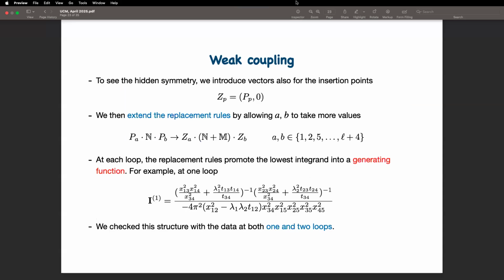Okay, now how do we see the hidden conformal symmetry? So the prescription we propose is the following. First of all, you need to do something about the additional points where you do inversions. So we also lift them to 12 dimensions, but instead of giving them some R-symmetry vector, we are just going to set this component to be 0.